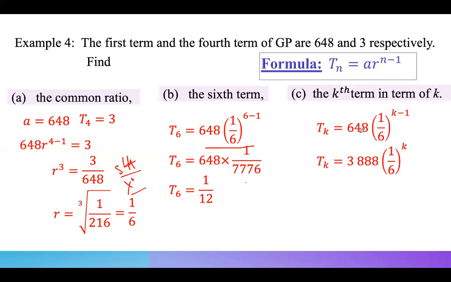You divide 648 by 1 over 6. So actually it's 648 times 6. So you get 3888 times 1 over 6 to the power K. If you don't know how to continue, just write like this. You will get marks, at least 1 mark. Okay, this is how you solve the common ratio, sixth term, certain term, and the K term.